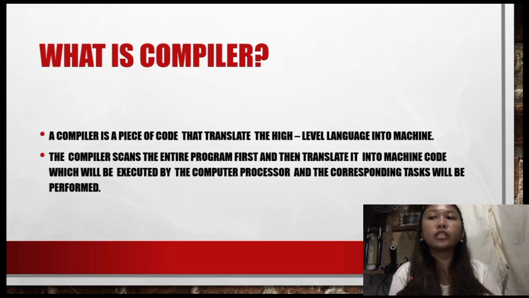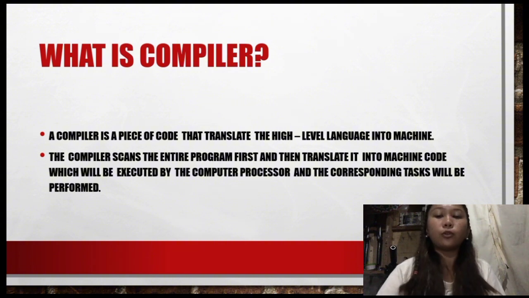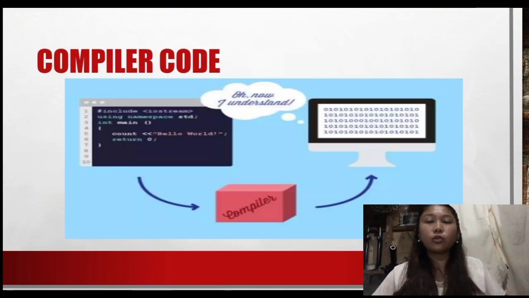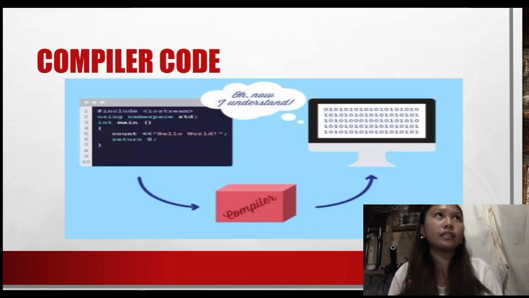The compiler scans the entire program first and translates it into machine code, which will be executed by the computer processor, and the corresponding task will be performed.